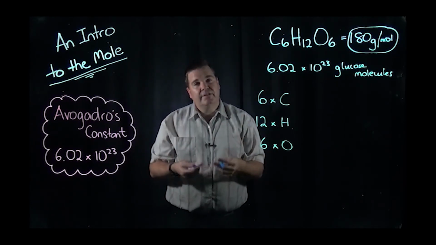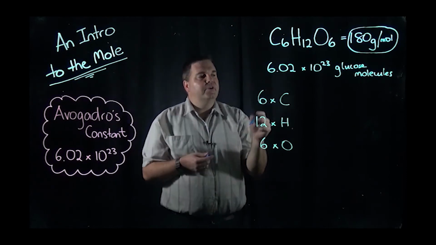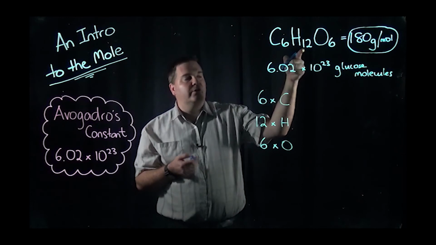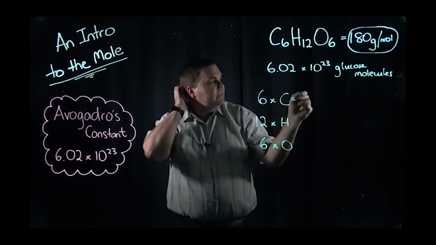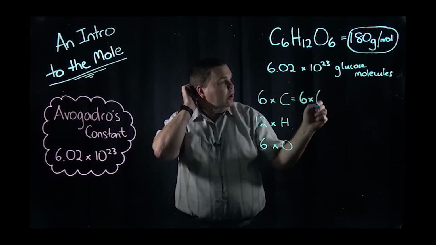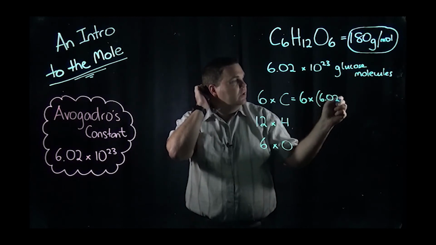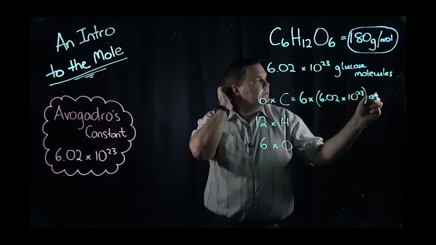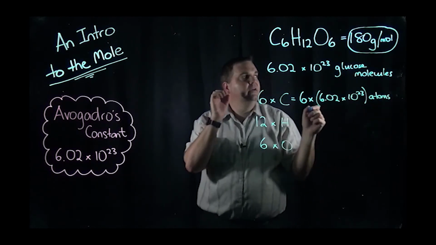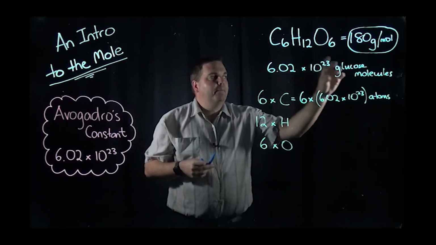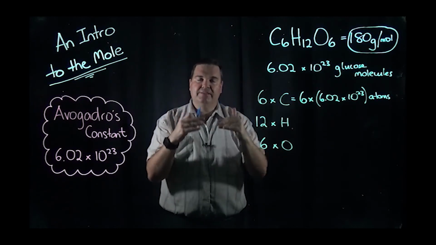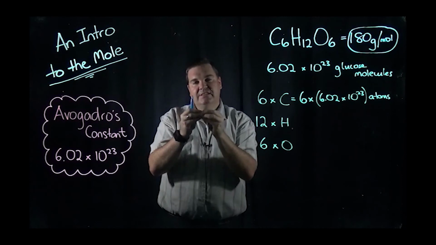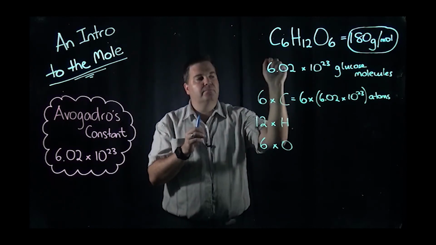Because we've got 6 lots of carbon for every 1 of glucose, we've actually got 6 lots of 6.02 by 10 to the 23 atoms of carbon in there. So we've got this many molecules, but when you break it down, the carbon atoms are much smaller, and for every 6 of them, we have 1 glucose molecule.